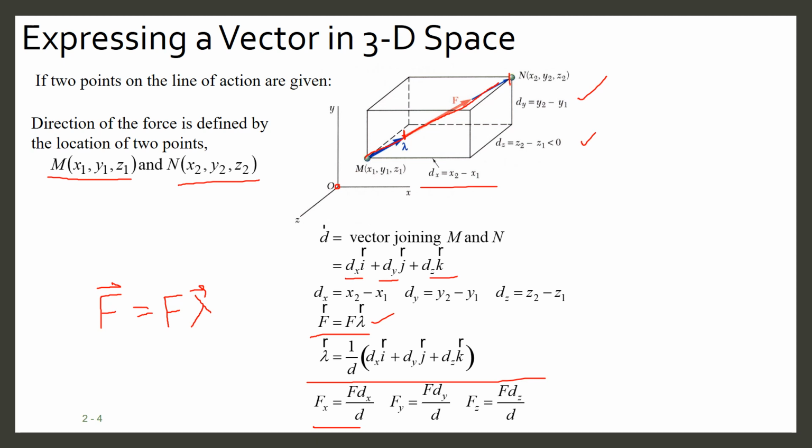So this is how you can express it when your vector is not originating from the origin. Whenever you are solving problems, your vector does not always originate from the origin. Sometimes it originates from the origin and sometimes it has some coordinates. So whenever you are solving 3D problems, you can use these equations to represent your vector.